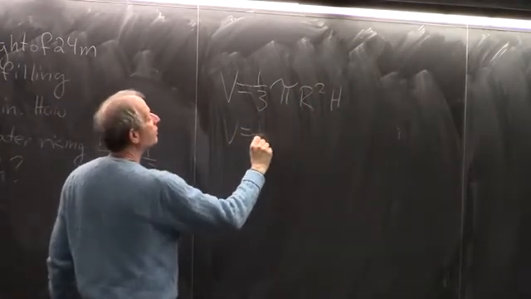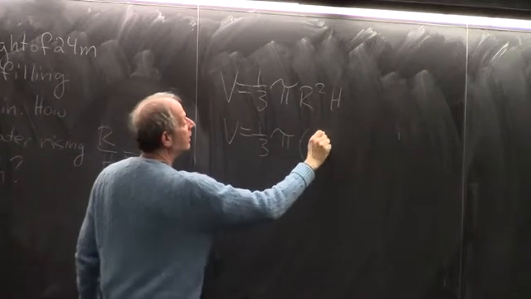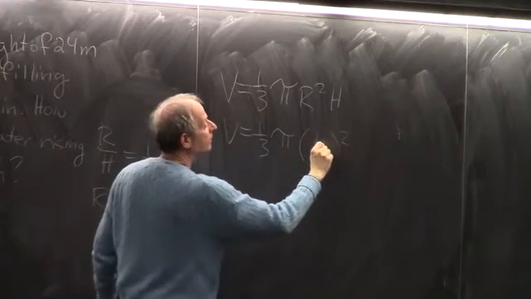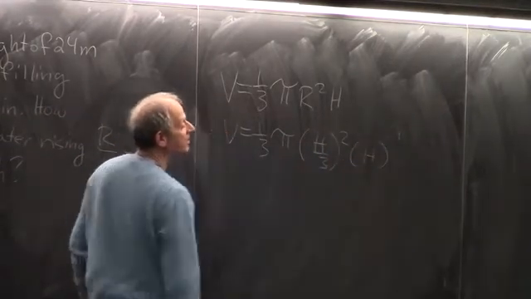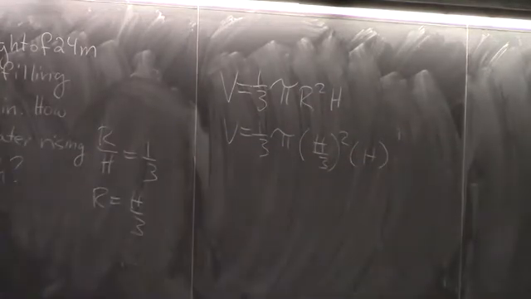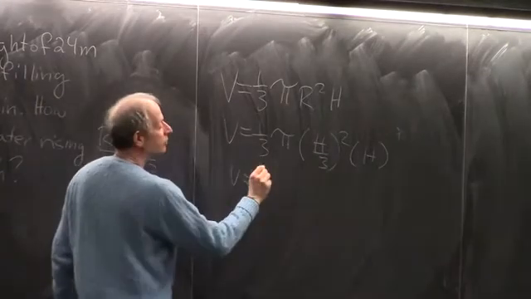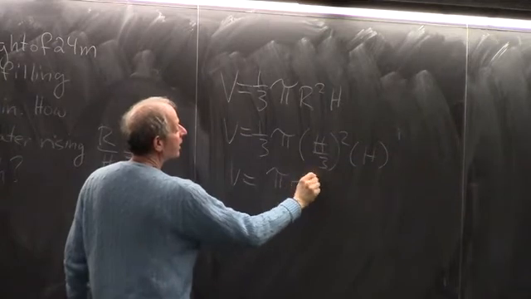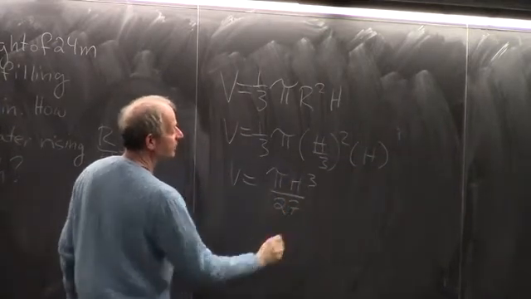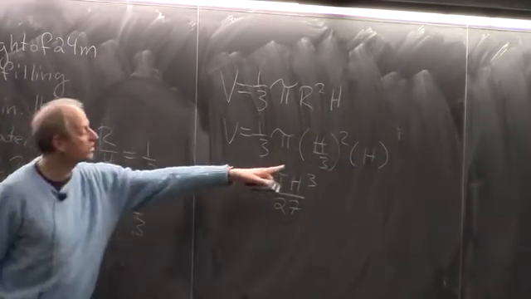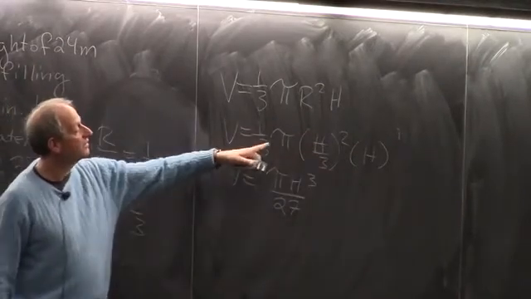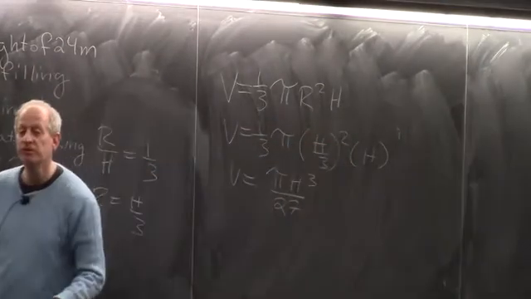And again, volume is 1/3 pi (h over 3) squared times h. Okay? Don't be scared off by that, it's not that hard. So V, do a little magical algebra, is pi h cubed over 27. Okay? 3 squared is 9. 9 times 3 is 27. H squared and h makes h cubed.